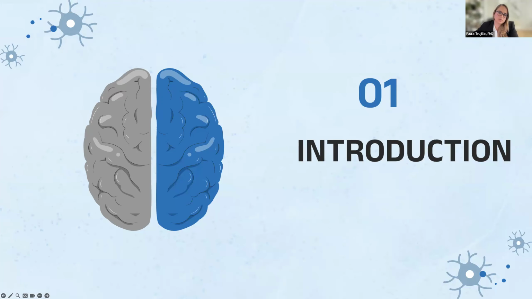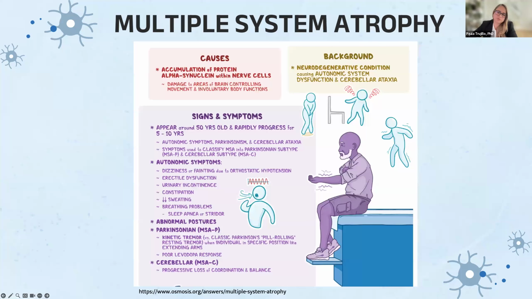So let's start with the introduction. Multiple system atrophy, or MSA, is a rare and rapidly progressive neurodegenerative disorder, which is characterized by symptoms that affect both the autonomic and the central nervous systems. These symptoms reflect the progressive loss of function of nerve cells in the brain.